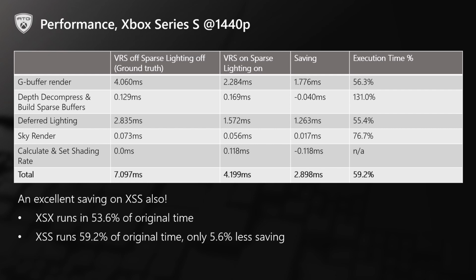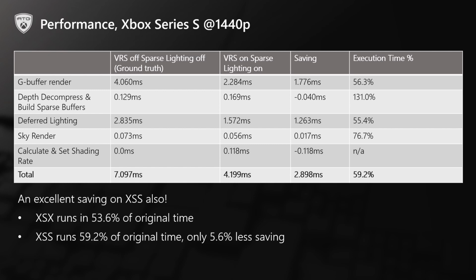And for the exact same reason, we don't get the same saving from sparse lighting, because there are fewer lighting computations that can be shared within the interior of each triangle. But again, I think this is a very, very good saving.